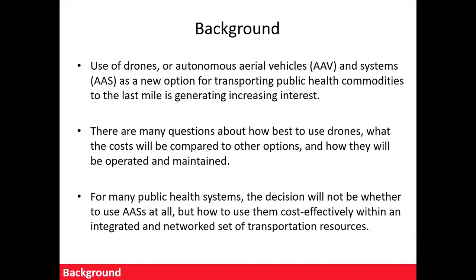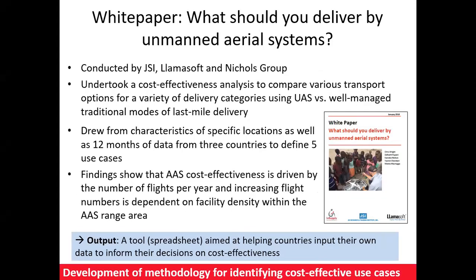And for many public health systems, the decision is not whether to use drones or not at all, but rather how to use them cost-effectively within an integrated and networked set of transportation resources. So based on those questions, we embarked on an analysis to try to get some answers together with Llamasoft and Nikos's group.